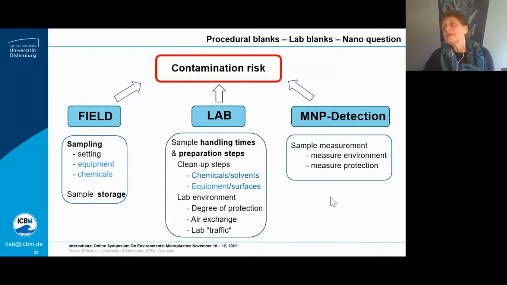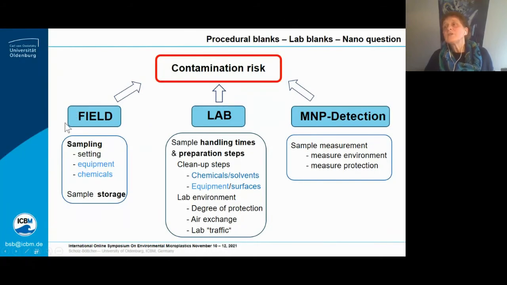Coming to the last point I would like to point out, the contamination risk. This is something one should keep in mind, in particular with the nano question. It's not only the sensitivity of the instrument that is important, but also how we prepare the samples and what the overall frame conditions are.